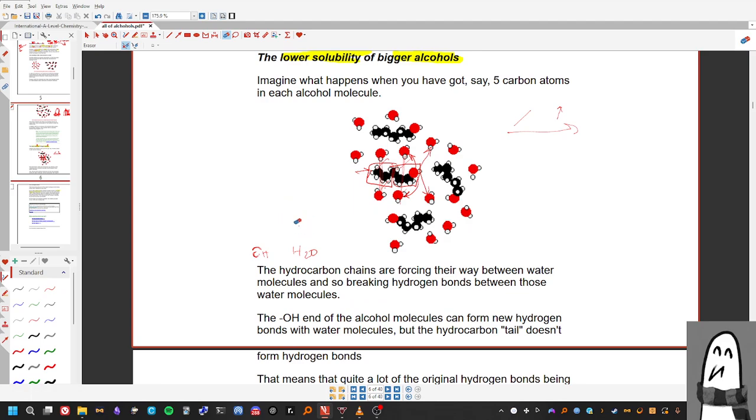So when you have larger alcohols, you're going to get larger instantaneous dipoles, which means higher boiling points.